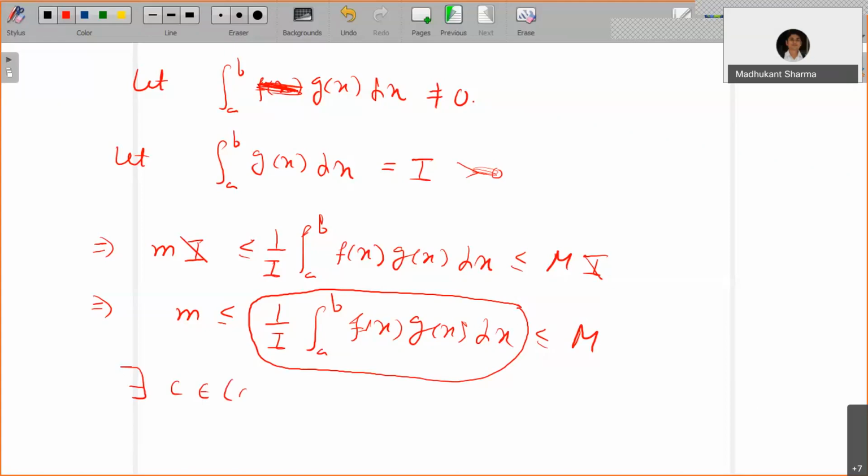There exists c belonging to the open interval (a, b) such that 1 by I times the integration from a to b of f of x times g of x dx is equal to f of c. And hence we are done.